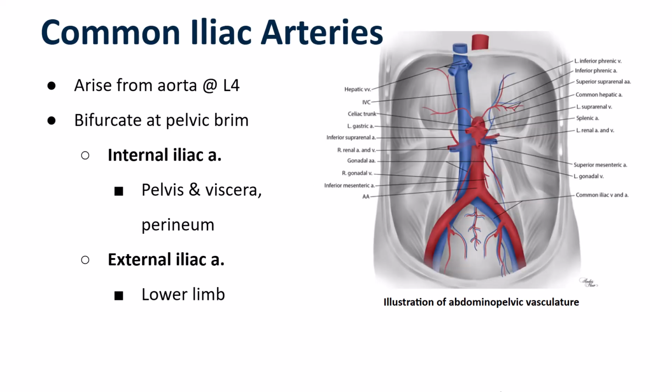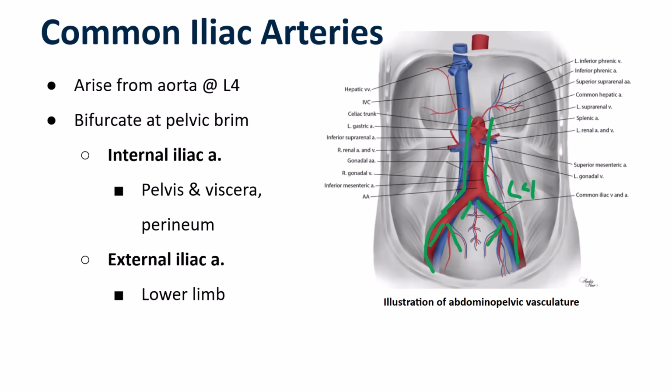So let's begin our story in the abdominal pelvic cavity. We have the abdominal aorta, which at about the level of L4 will bifurcate into the common iliac arteries. At the pelvic brim, which is approximately there and there, the common iliac arteries bifurcate into the internal iliac arteries and the external iliac arteries.